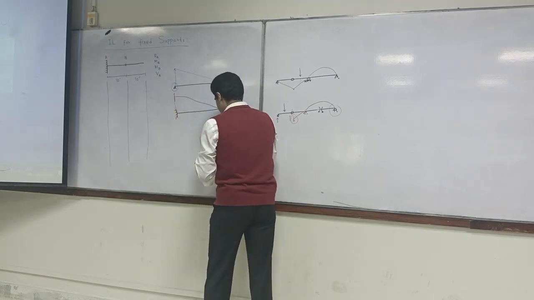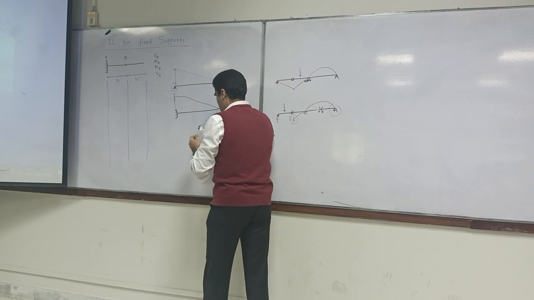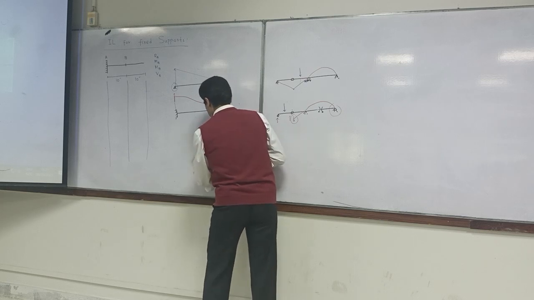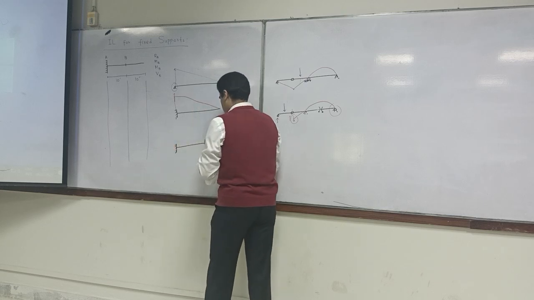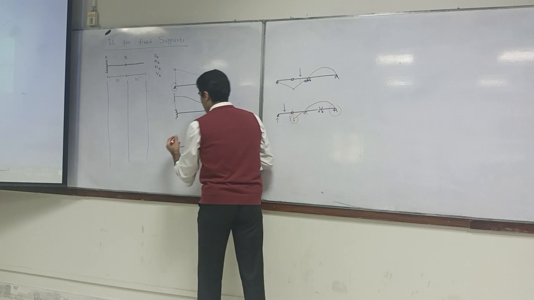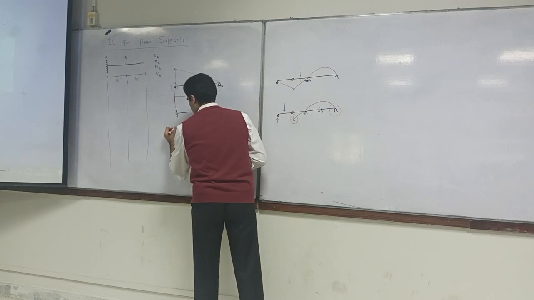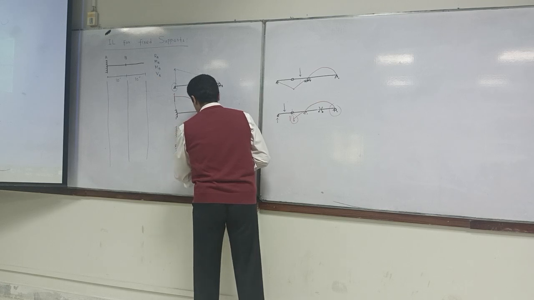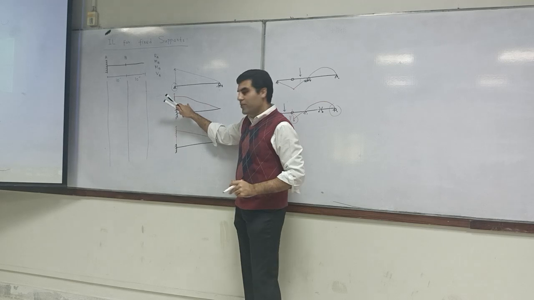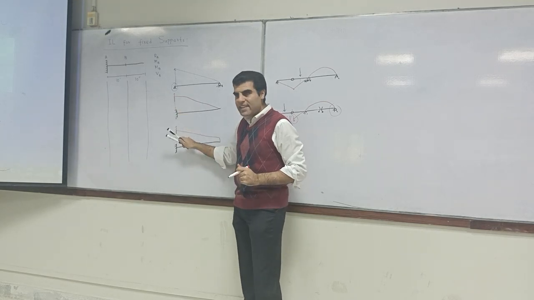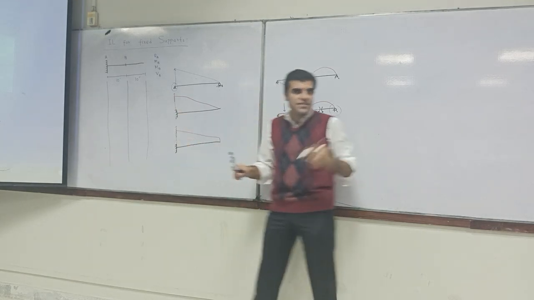Or again, can I have an influence line something like this? Or can I have an influence line something like this in the case of fixed connection?